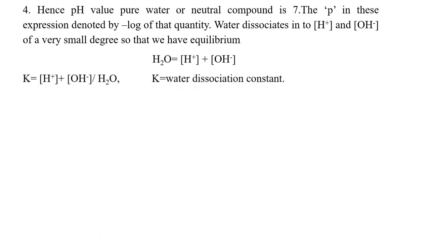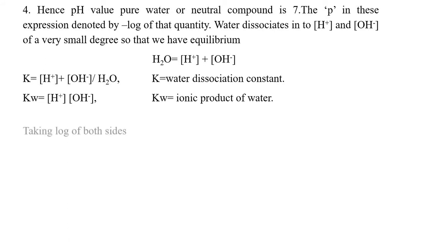Now, if we write the equation K is equal to concentration of H plus ions times concentration of OH minus ions divided by H2O, where K is dissociation constant of water. In this way, Kw can be written as concentration of H plus ions into concentration of OH minus ions. Now, the Kw is nothing but the ionic product of water.